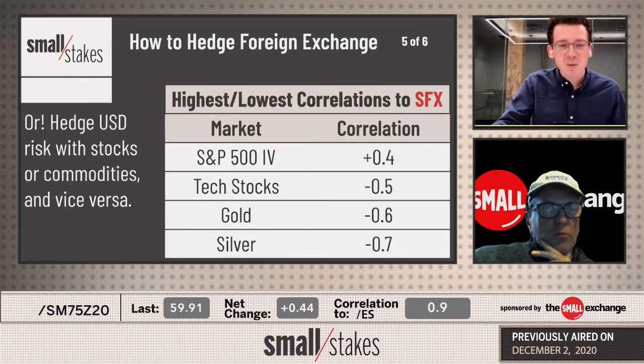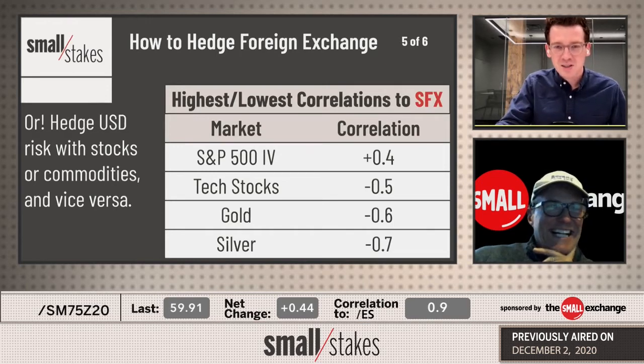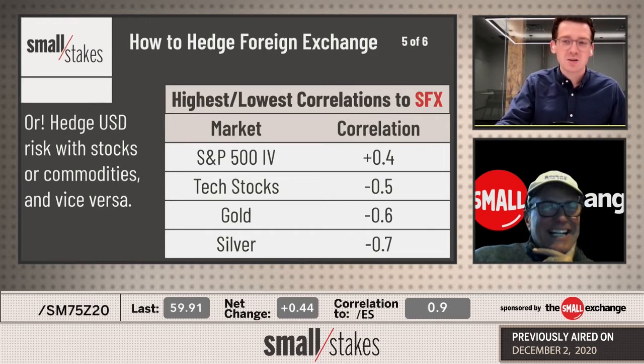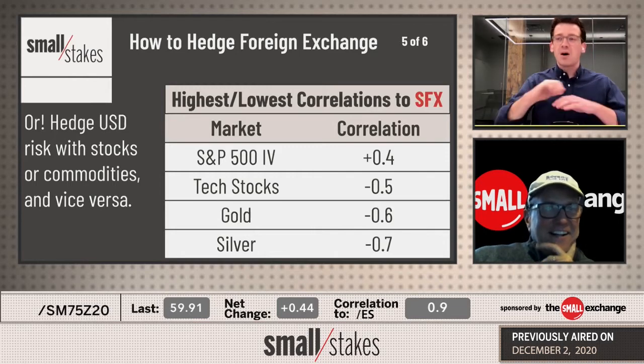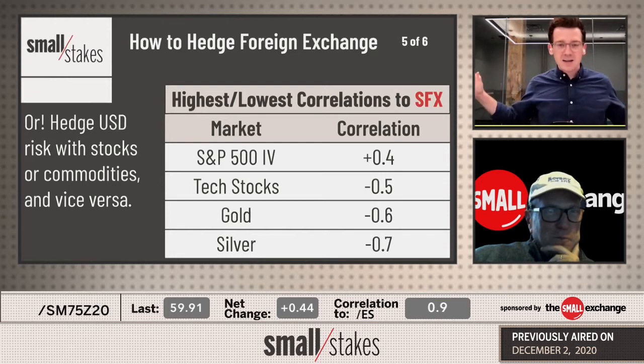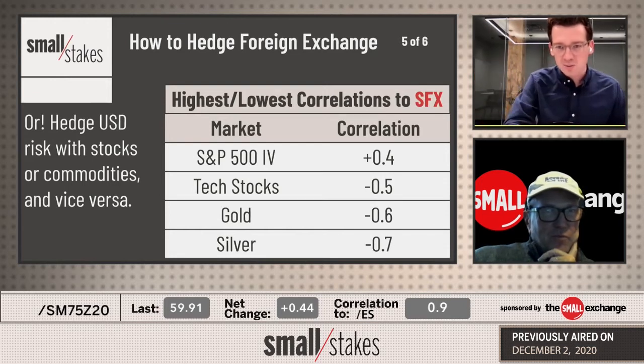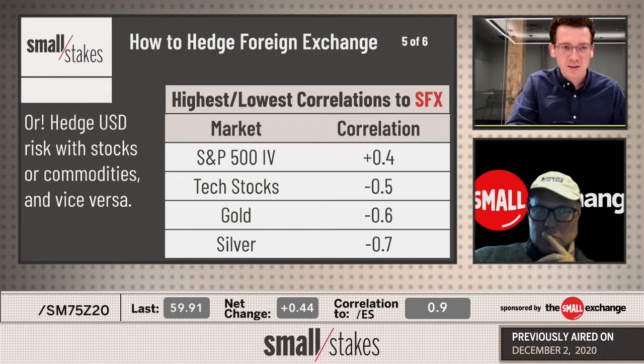I did some number crunching, Pete, and I want to see how intriguing this is to you. I looked for the highest and lowest correlations to the U.S. dollar market out of stocks, out of commodities, out of a ton of different products, over 500 different tradable products out there. And I found the highest correlation, S&P 500 volatility. So VXX, VIX, anything like that.